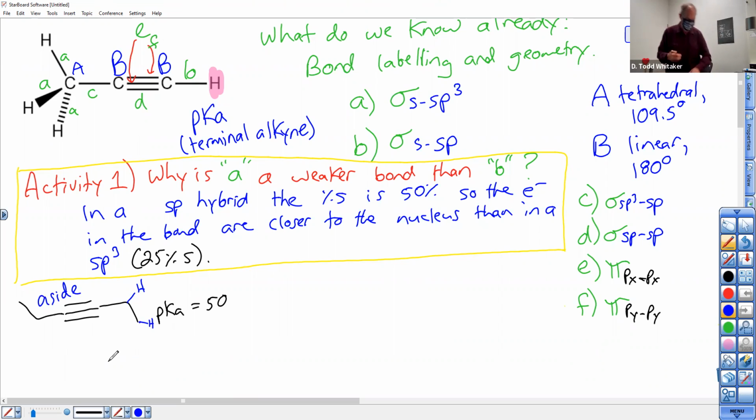It's an internal alkyne. Internal. Internal. Alkyne. These two terms, terminal. There's your two broad categories of alkyne.